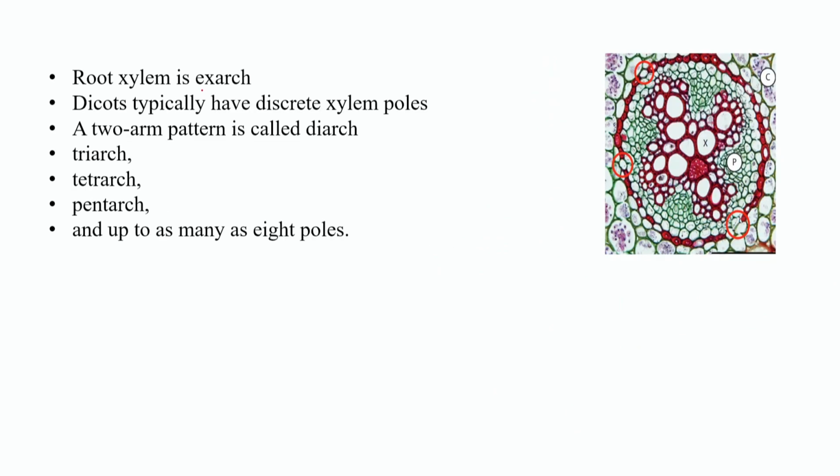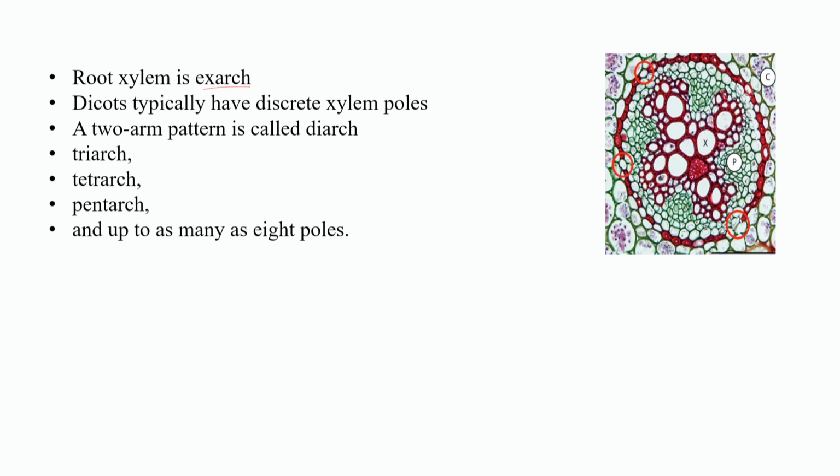We have discussed that it is in exarch condition. This figure also shows that it's very important to remember that passage cells appear opposite to the protoxylem elements, just opposite to where the protoxylem is forming. The rest of the cells have Casparian strips.